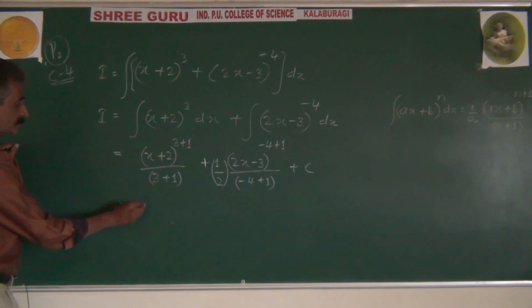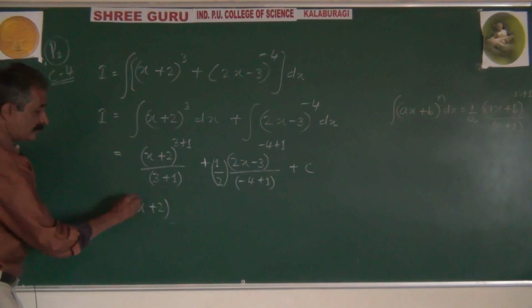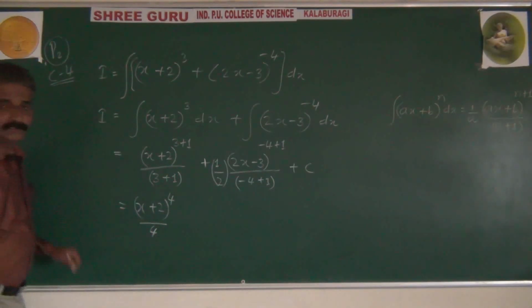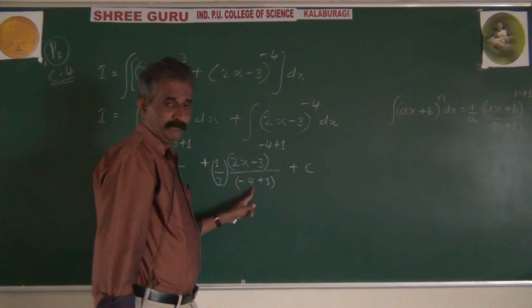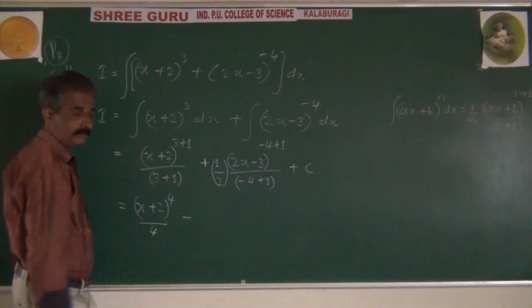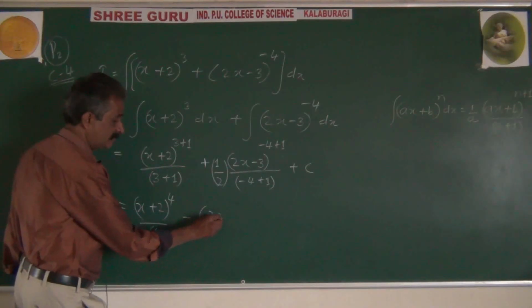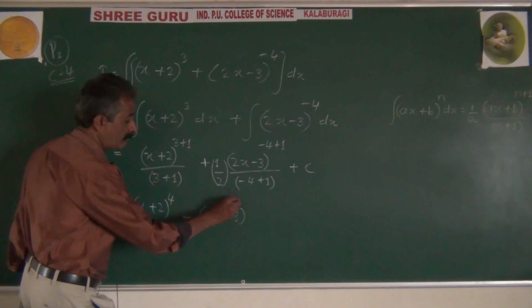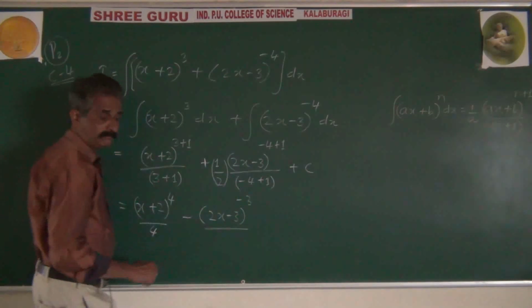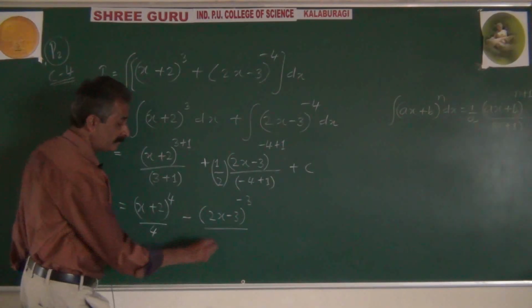Finally, (x plus 2) power 4 divided by 4. And here, 1 over minus 4 plus 1, that is minus 3, into 2, is minus 6. Total: minus (2x minus 3) to the power minus 3 divided by 6.